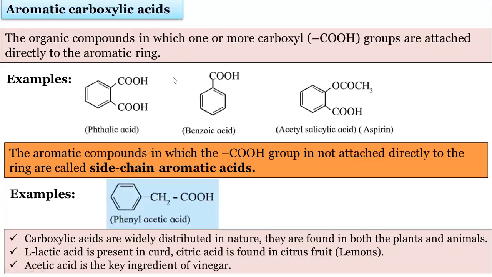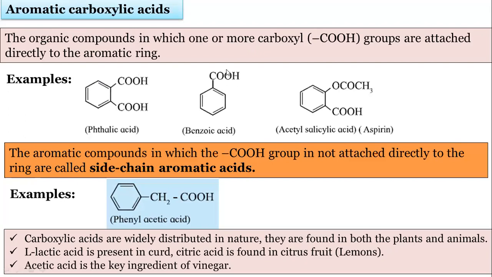Then aromatic carboxylic acids, as the name itself suggests, the COOH groups are directly attached to the benzene ring. This is phthalic acid, in which 2 COOH groups are bonded to the benzene ring. Benzoic acid is a very good example of aromatic carboxylic acid. We also studied this in chapter 15, 11th standard, aromatic compounds. The name of the chapter was hydrocarbons.